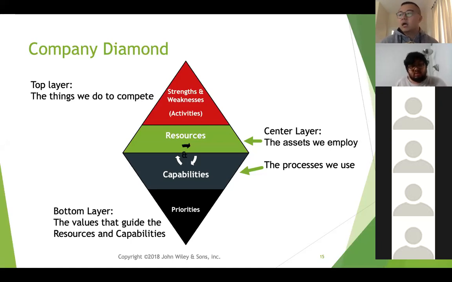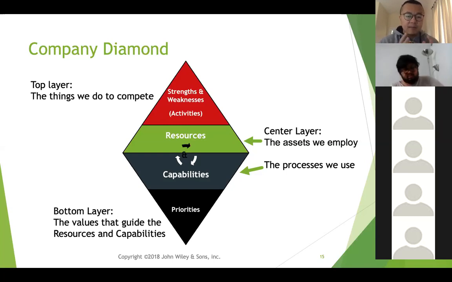It supports the capabilities and resources, and drives their direction. The center layer is the assets we employ, which is resources, and the process we use, the capabilities. Resources mean what stuff we have.